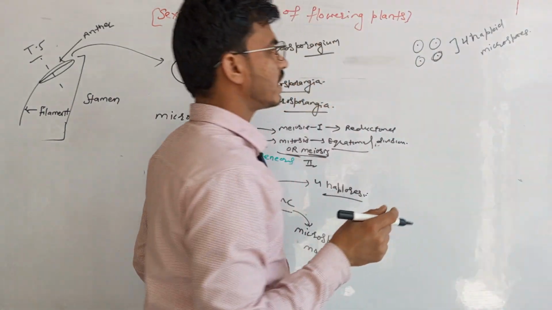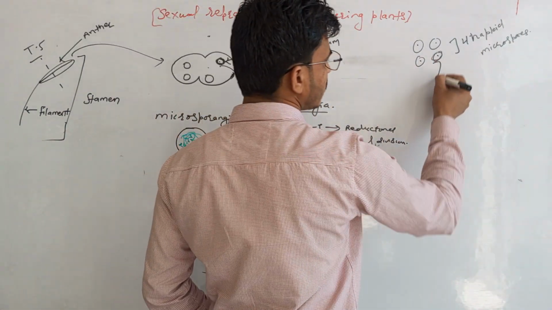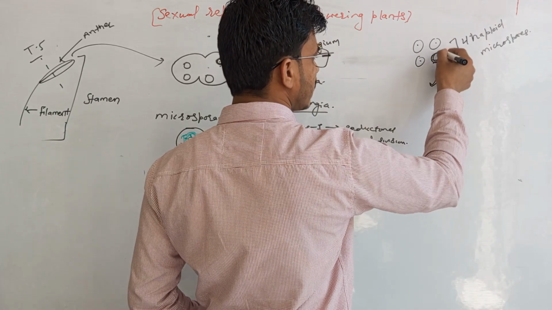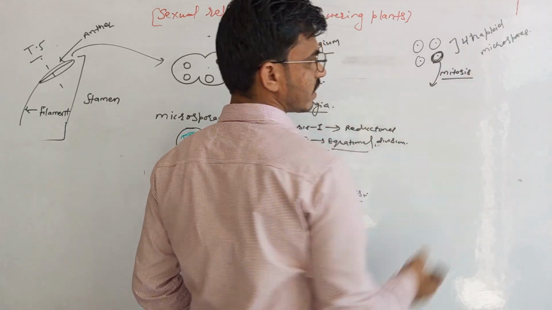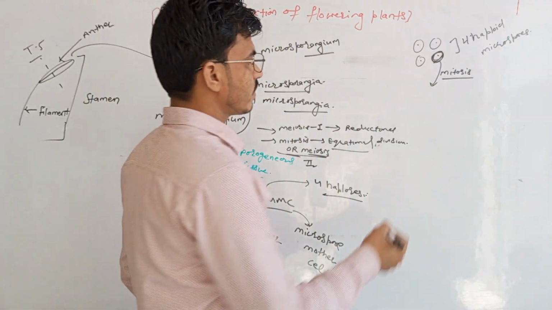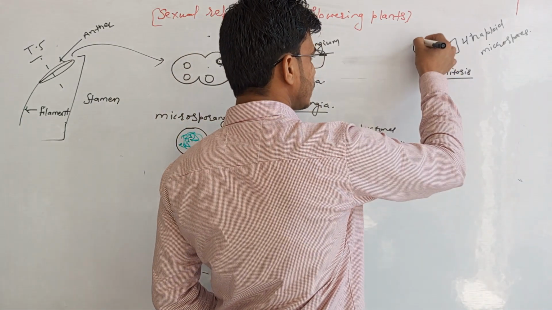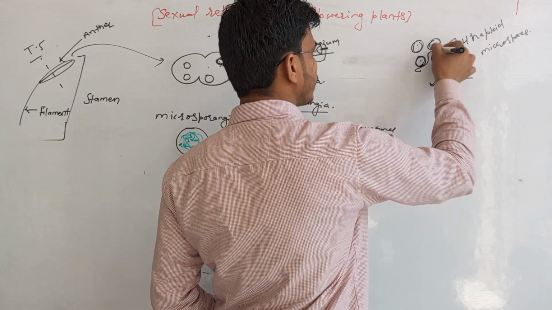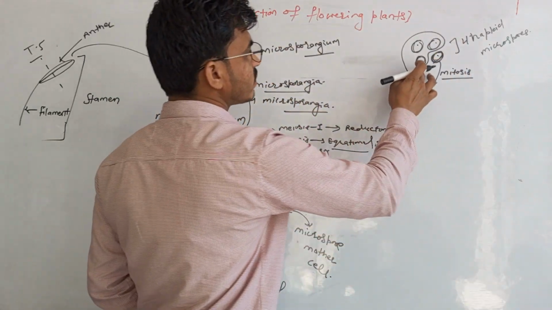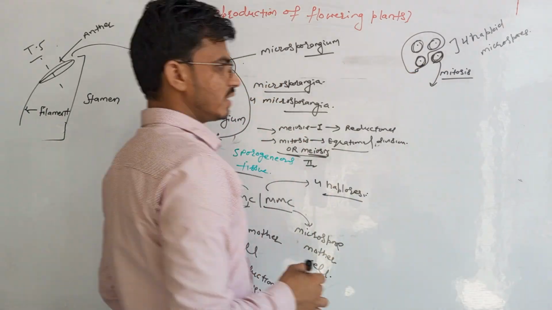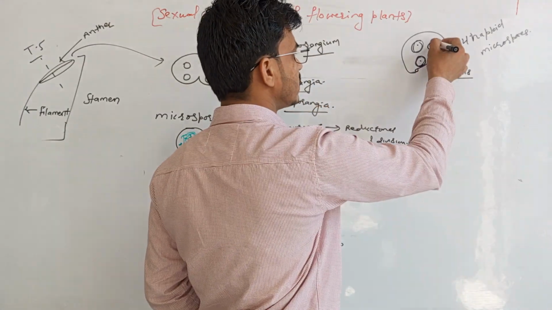All the processes are similar, but we can consider only a single cell example. Here a new cell division occurs, which is mitosis. All mitoses are similar in the remaining 3 cells, but we can take an example of a single cell because the events are similar in the remaining 3 cells.